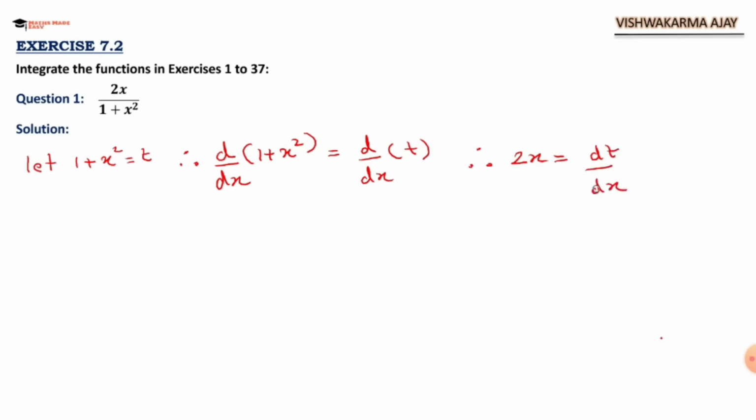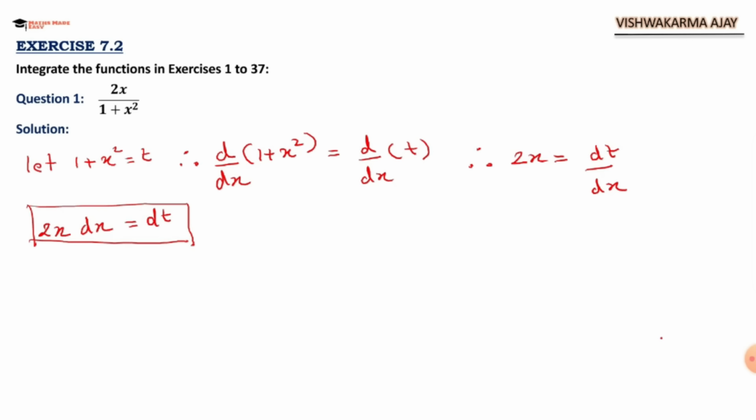So basically, I can say that 2x dx is equal to dt. Whenever we substitute anything with t or any other variable, we always reach this situation. We have to get our numerator with dx replaced with something in the other variable.